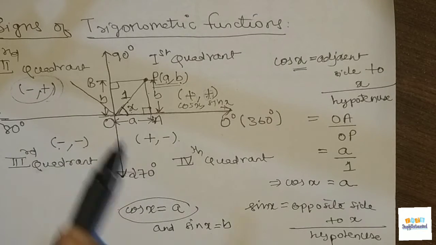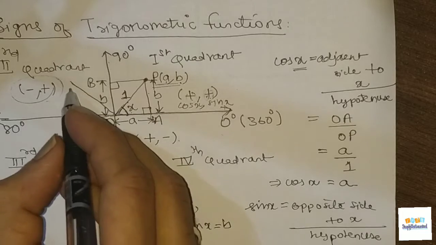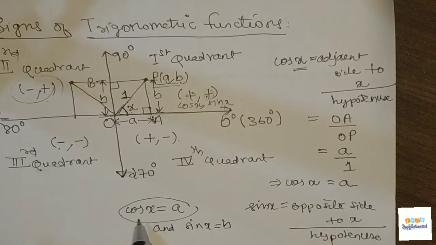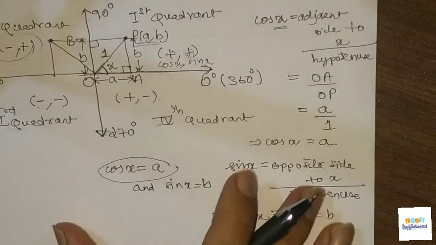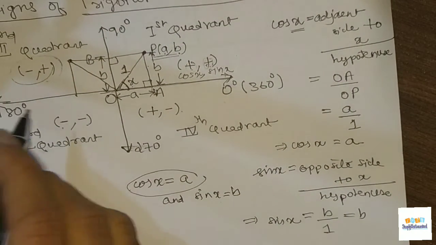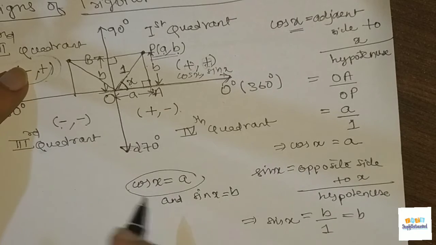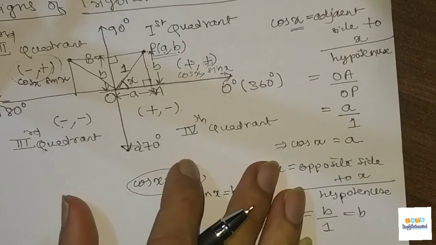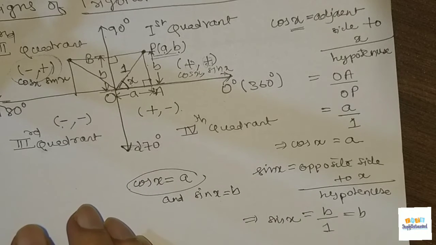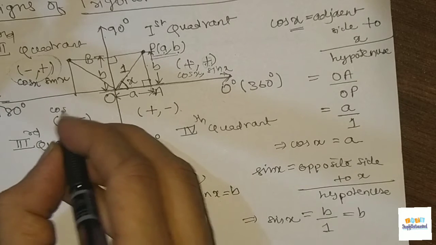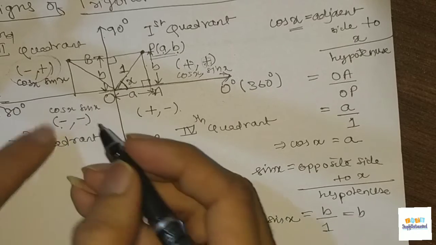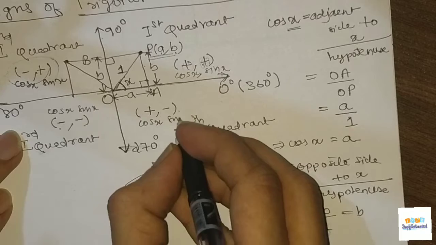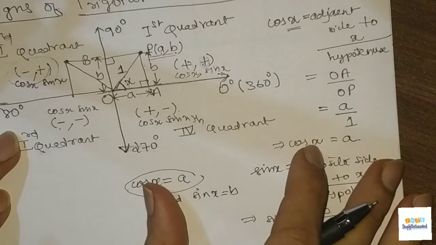You will get the same thing for this diagram also: cos x is equal to A, sin x is equal to B. Here cos x is negative and sin x is positive. Then here cos x is negative, sin x is negative. Then here cos x is positive, sin x is negative.